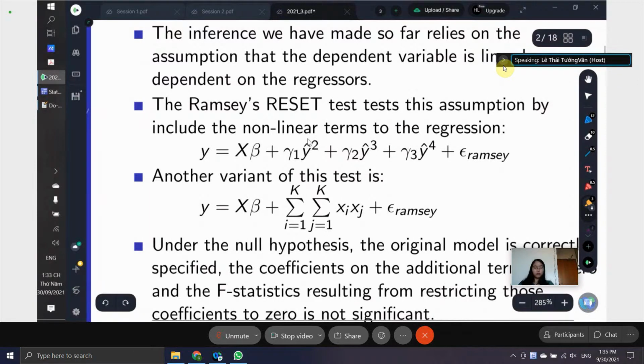So basically, the Ramsey test is very simple. If you doubt that the model is not linear, then you run the regression, you get the predicted value, you square it, take it to the power 3 and power 4, and then you include them all into the original regression.